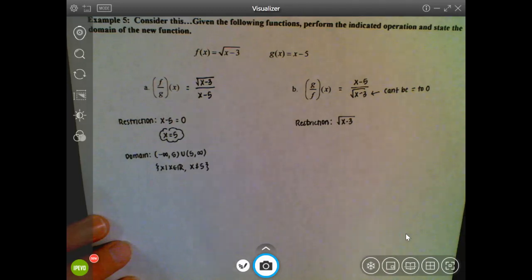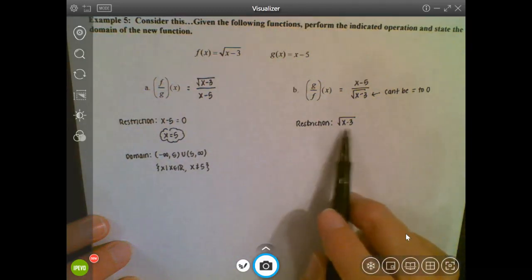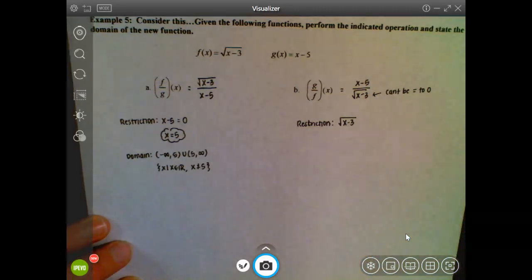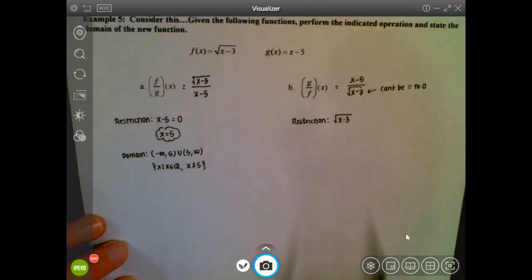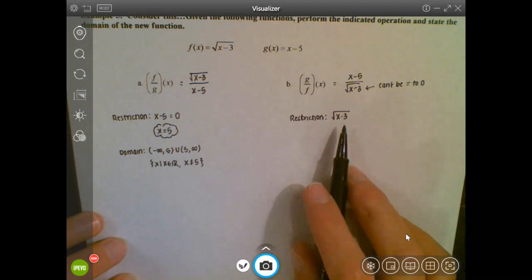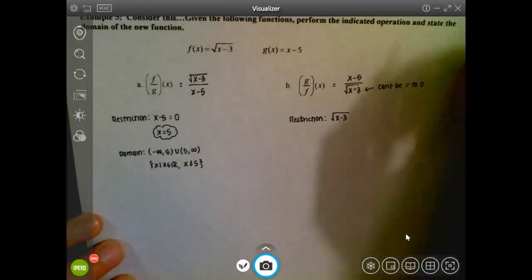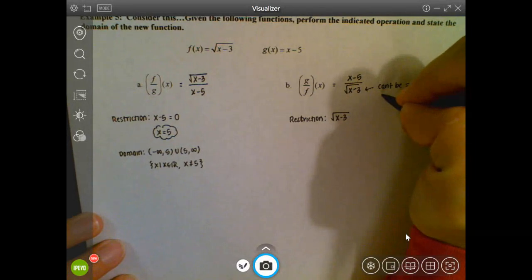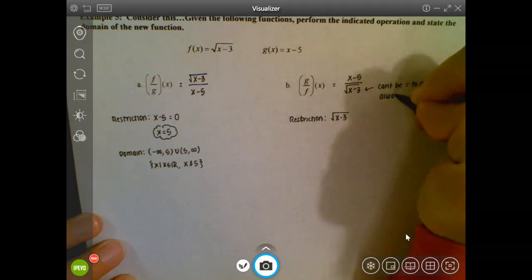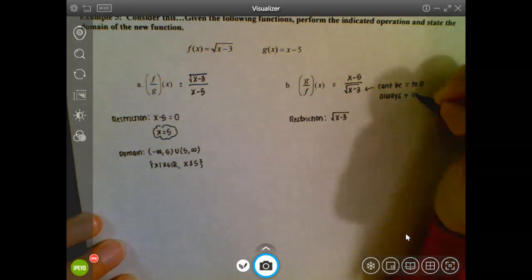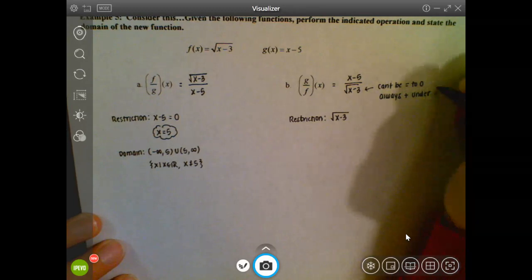But we also have to be careful because we know that we never can have a negative number underneath a square root. Because remember that you can't take a square root of a negative number, it's not a real number. So not only can the denominator not be equal to 0, but it always has to be positive under the square root.